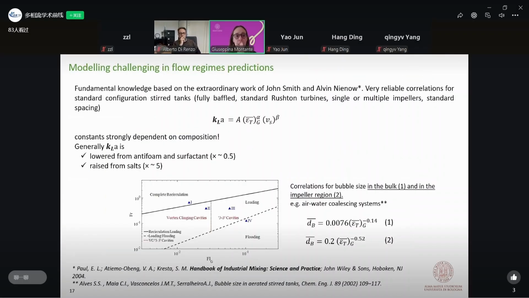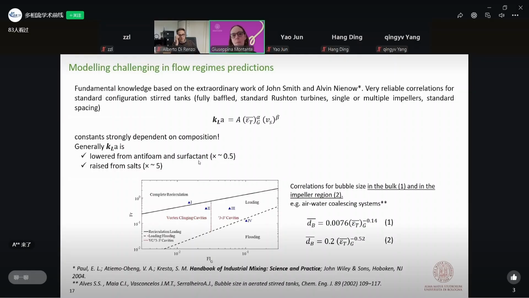So this is a crucial parameter. Why? It is crucial because from the bubble size we can then get the mass transfer. Actually, we have the prediction of the mass transfer coefficient. Should we have experiments for guiding us in the determination of this KLA, we have actually in this field extraordinary work done experimentally by Professor John Smith and Professor Alvinino in the past, who derived very important correlations and very important knowledge on the physics of this system.